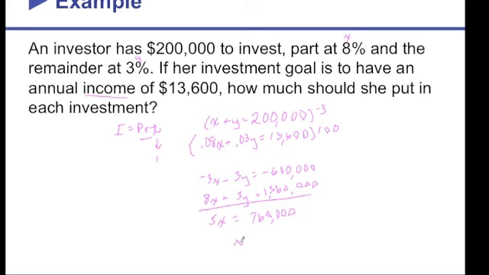And dividing by 5, X turns out to be $152,000. Now we know X plus Y equals 200,000, so we can find out that Y equals 48,000.